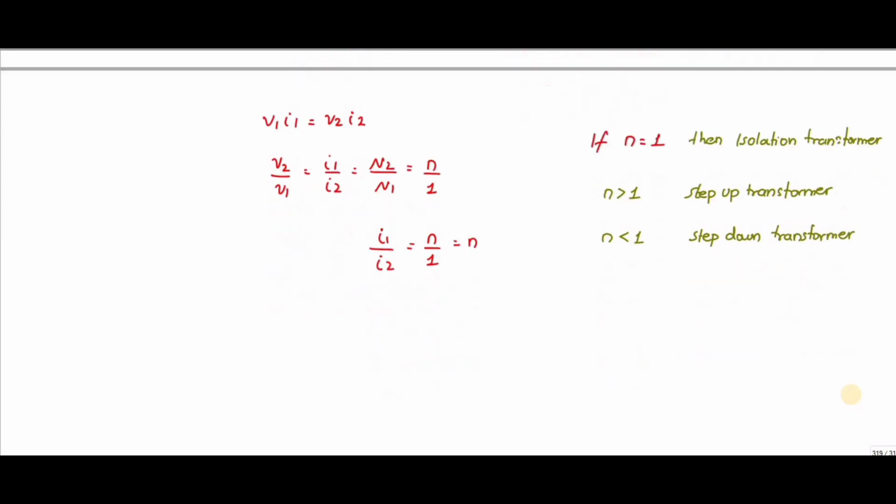Another important condition: consider we have two coils, a primary and a secondary coil. This is your V1 and this is your V2.